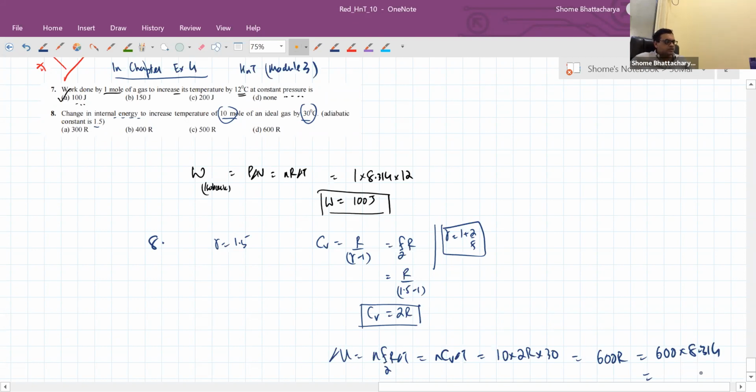So answers are given in terms of R, so it should be D. Answer is given as something else, is it? Yes, sir. Answer is given to me. Okay. Just make a correction in the answer key then. This should be the case. Okay.